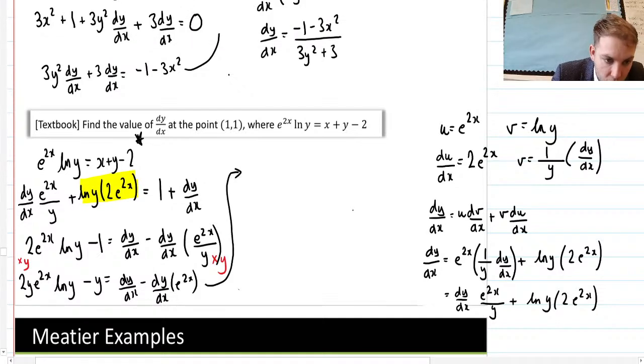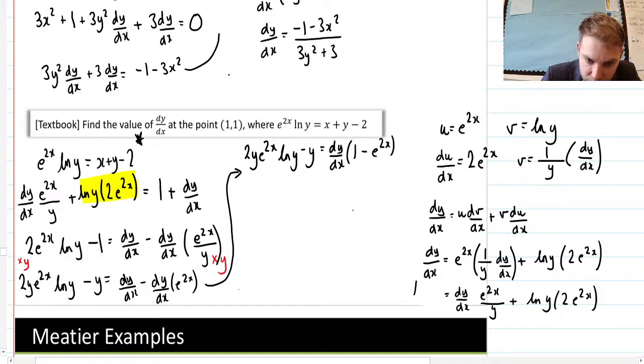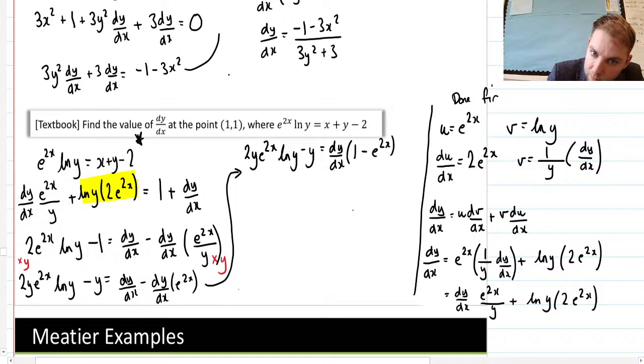So I need to take dy by dx out as a common factor. So that's going to be 2y e to the 2x ln of y minus y is equal to dy by dx of 1 minus e to the 2x. I'm just going to put a line there so we know that this was done first.